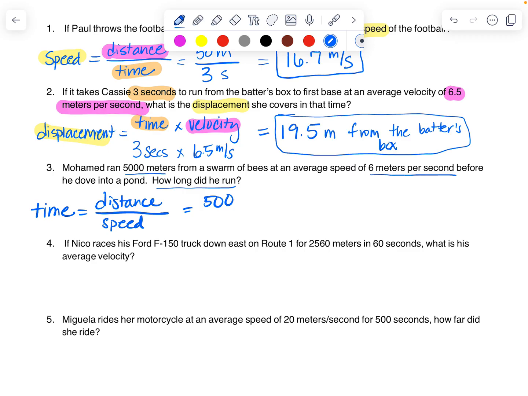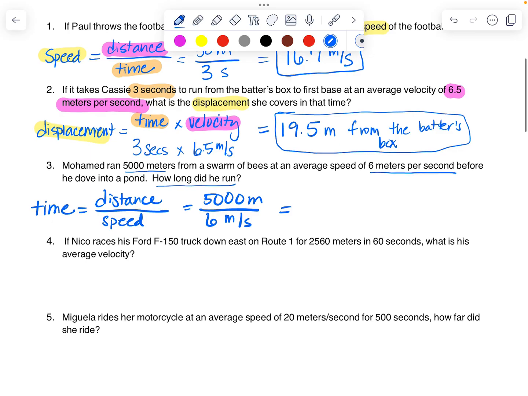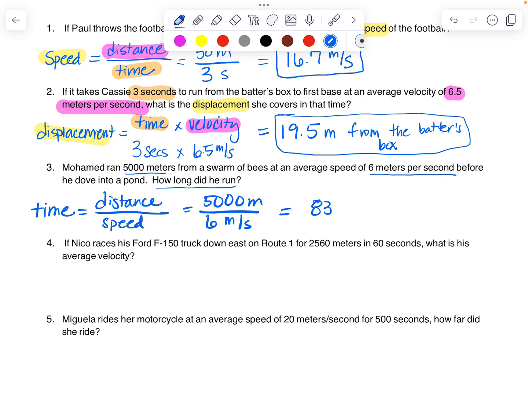That's how far he ran, or 5,000 meters, sorry. And our speed is 6 meters per second. So when you divide those, you get 833.3-ish seconds. We're looking for a time, so we have to do seconds.